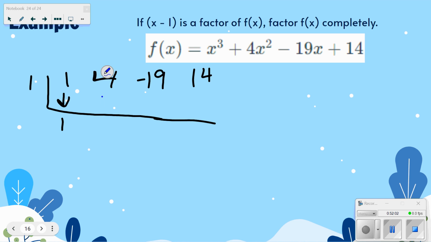Great job. 1 times 1 just gives us 1, then adding them together we get 5. And then we have 1 times 5 to get us 5. Adding those together, we get minus 14. And 1 times negative 14 would be negative 14. And what's our remainder equal? 0. Okay, good.